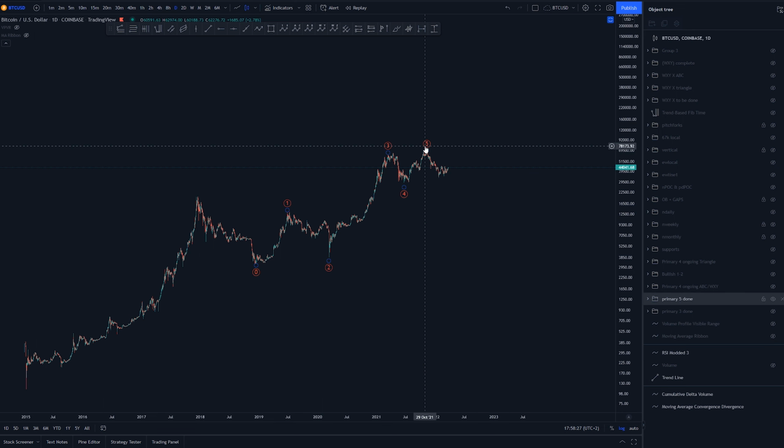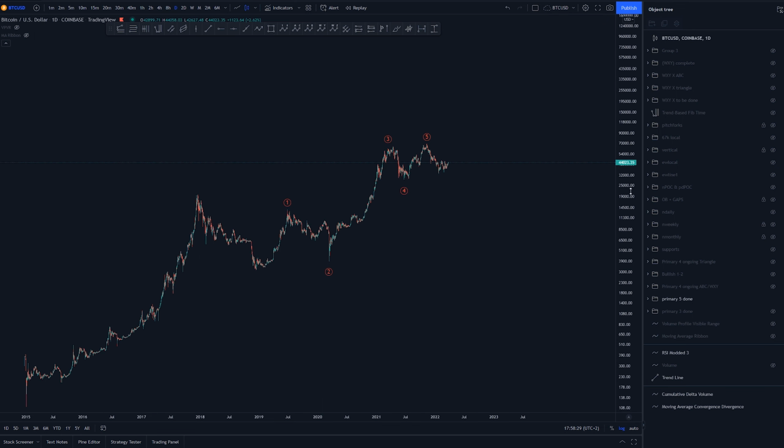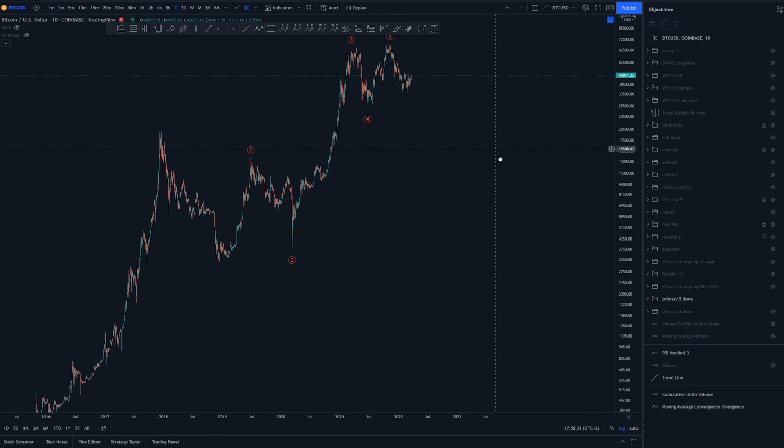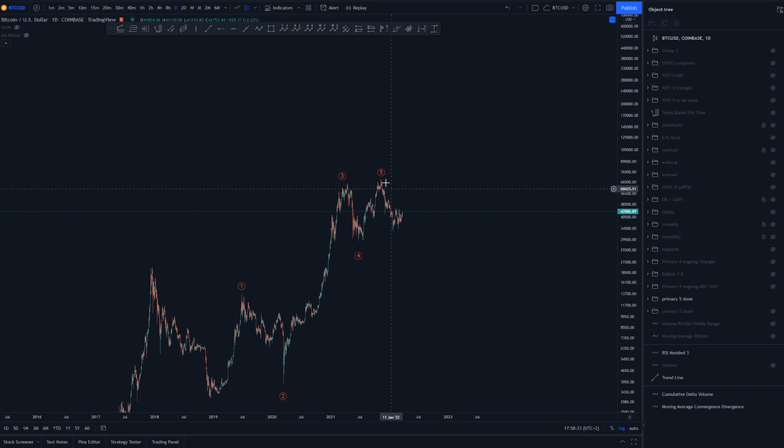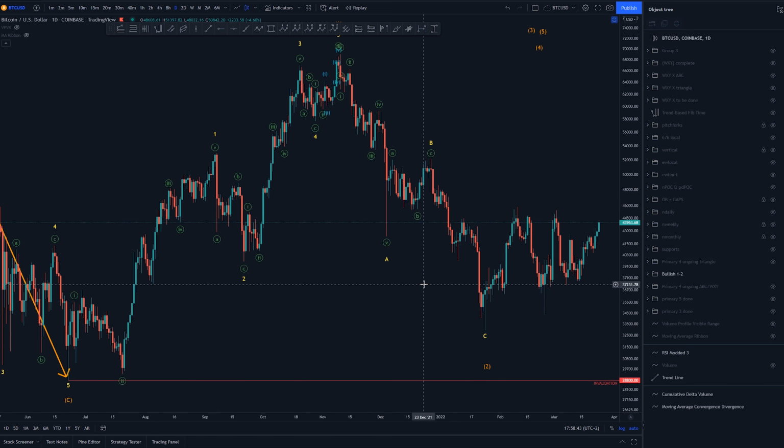This would be ending a cycle move, so yeah, that would be a really big drop, but we can monitor this as well as time goes on, if this is even logical at all.